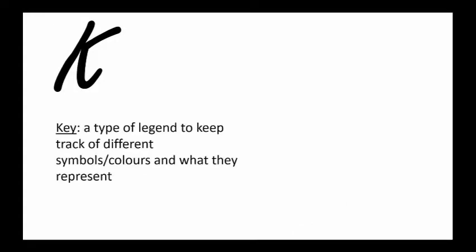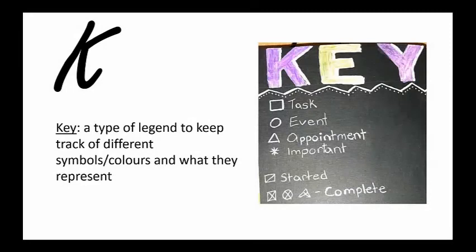Moving on to K, and this is probably one of the most important things in your bullet journal along with your index, and that's your key. The key is a type of legend to help you keep track of all those symbols and colors and what they represent. So as you can see in my image, I don't use traditional bullets the way other people do.